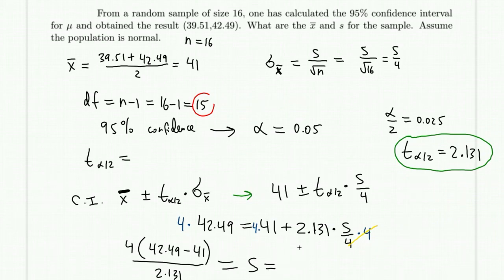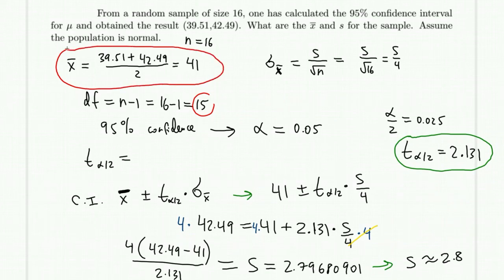And your s should give you 2.79680901. So to the nearest tenth place, or 1 decimal place, you're going to round it to be 2.8. All right, so this gives you precisely what you were asked to find in this problem, the sample mean and also the sample standard deviation.